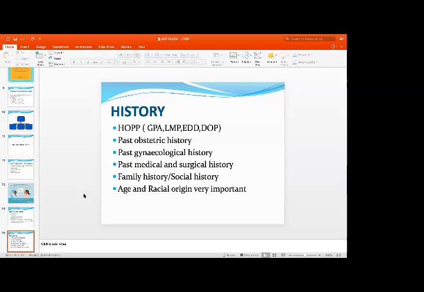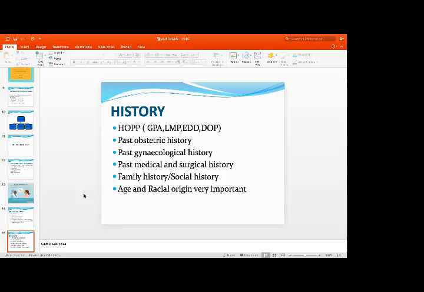On history, we'll start from the history of the present pregnancy. You all know how to take a history, the obstetric history. We will start from gravidity, parity, LMP, EDD, calculated duration of pregnancy, then the main complaints, past obstetric history, past gynecological history, medical and surgical history.